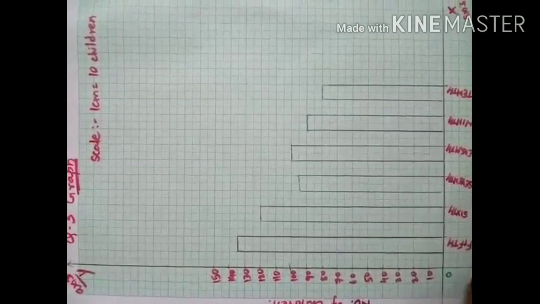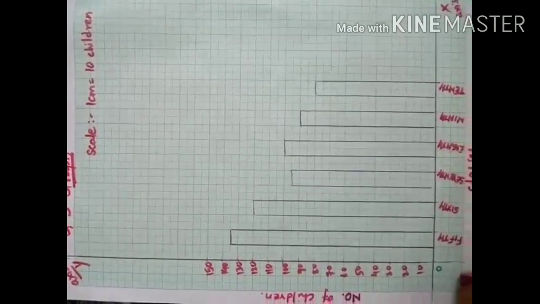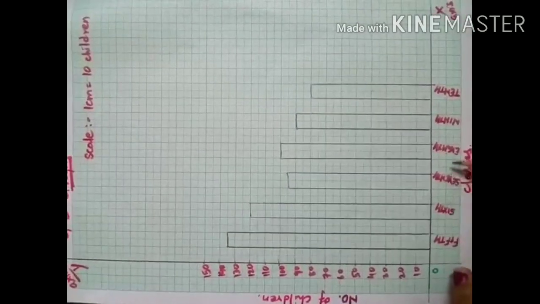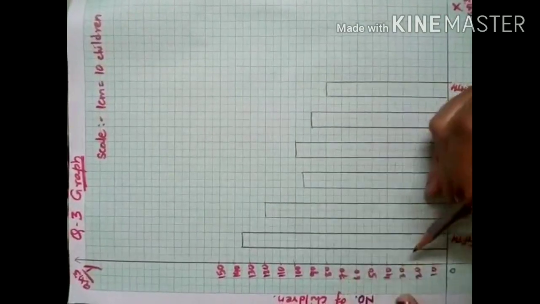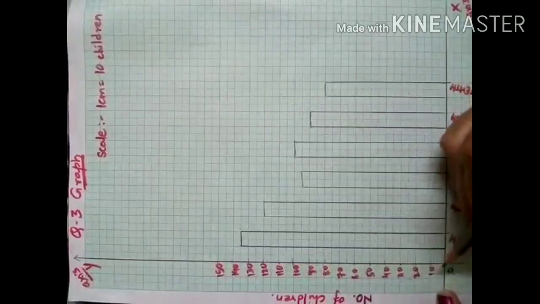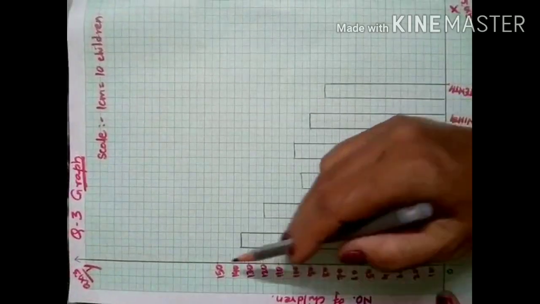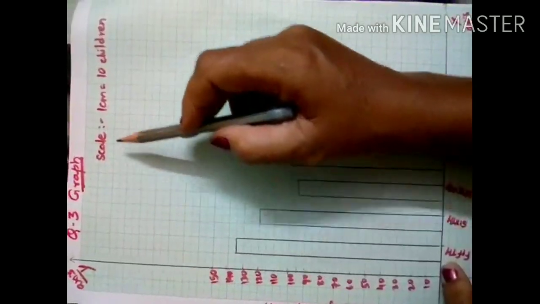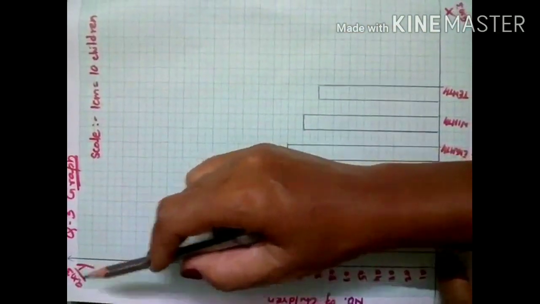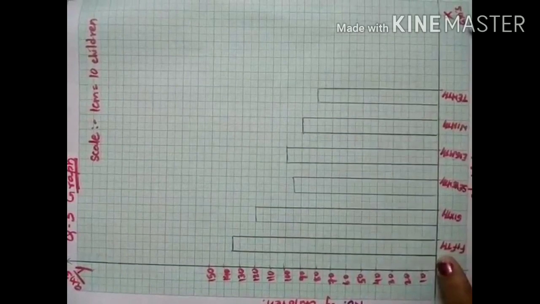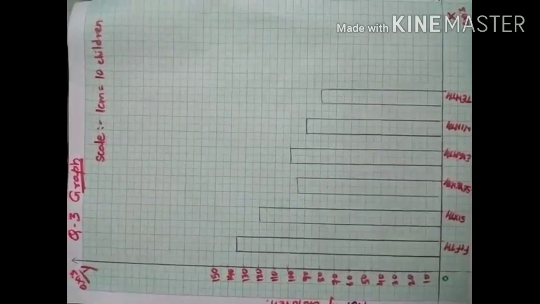Here, we should write the name, that is classes 5th, 6th, 7th, 8th, 9th and 10th. Here, write number of children and write the numbers at equal distances 10, 20, 30, 40, 50 up to 150 as per the scale given. And don't forget to write here y-axis and x-axis. Then only your graph will be complete.